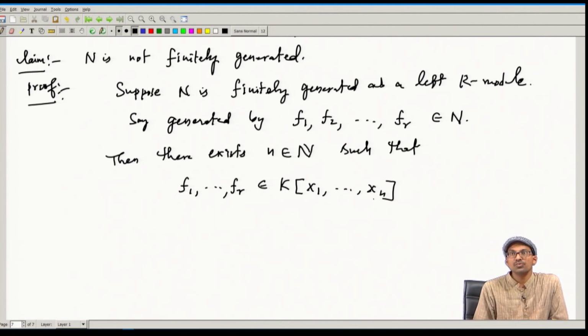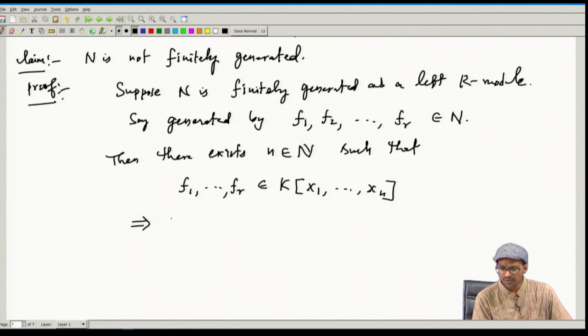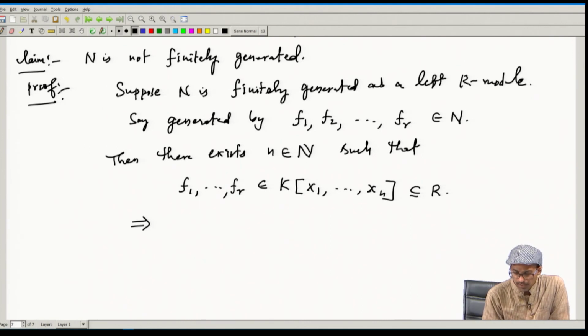Precisely the variables which are present in the monomials corresponding to the polynomials f1, f2, fr. So f1, f2 all belong to this, and of course this is contained in the ring R.